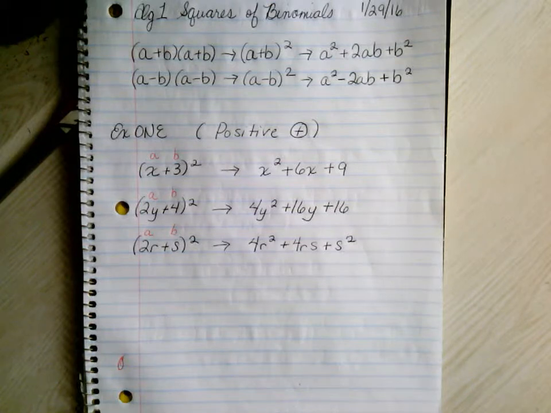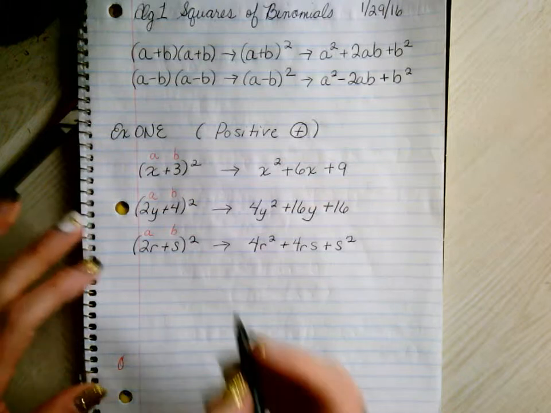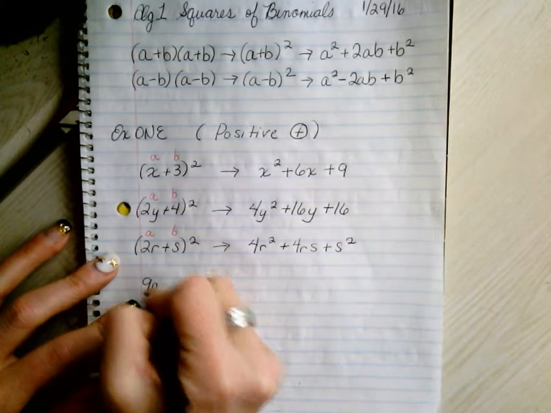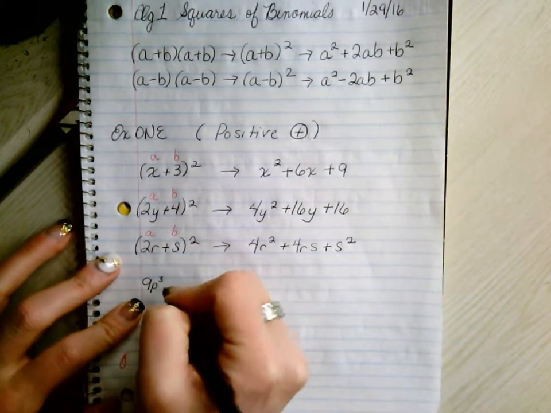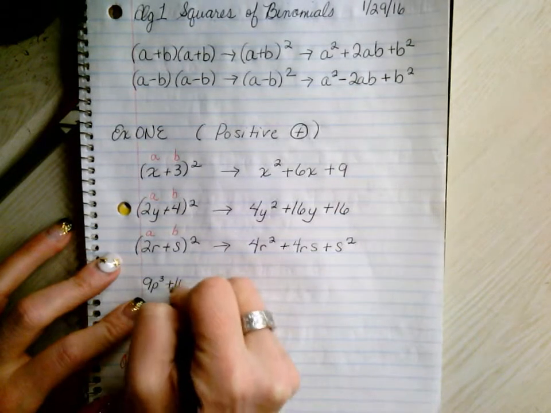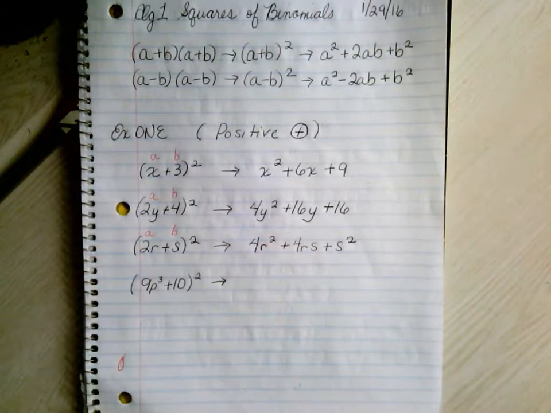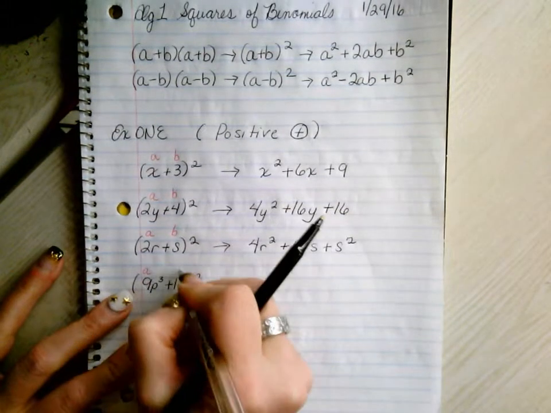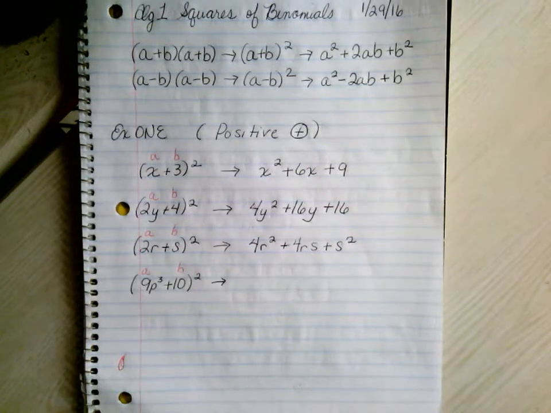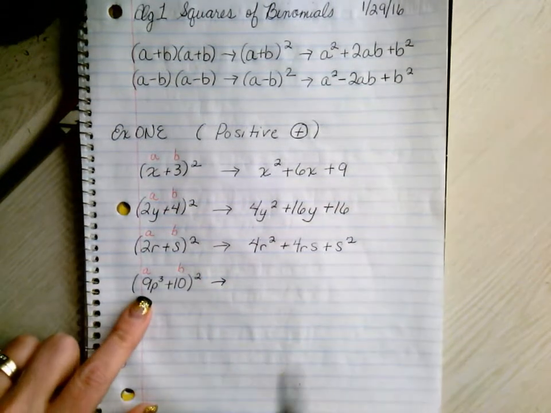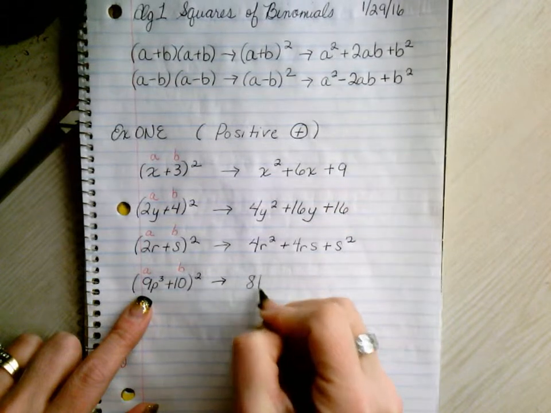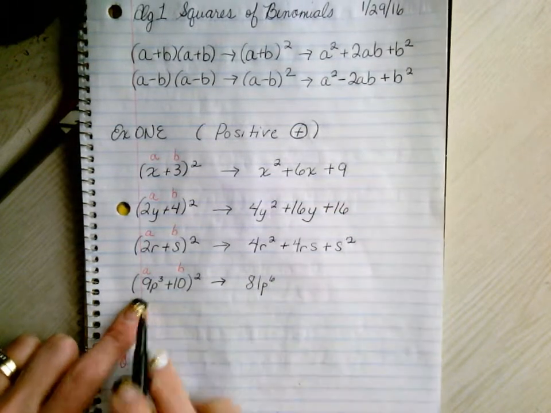Okay, do another one. Am I squaring the binomial? Yes, I am. A and B. The first binomial squared is 81p to the 6th.